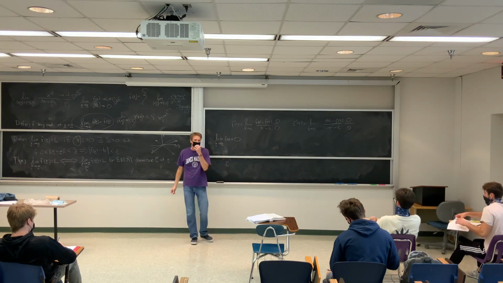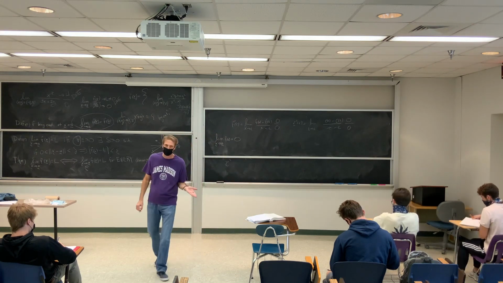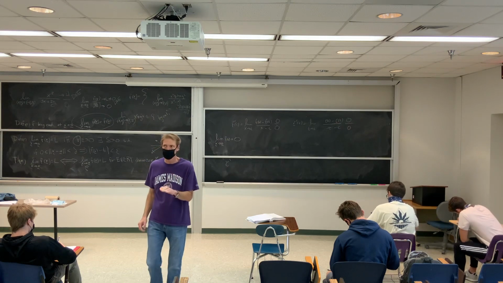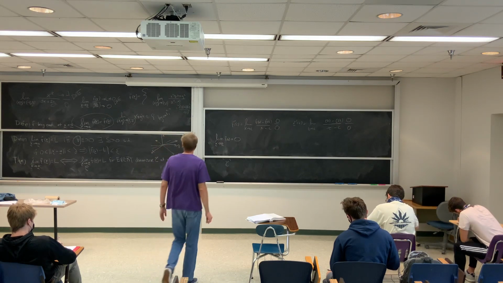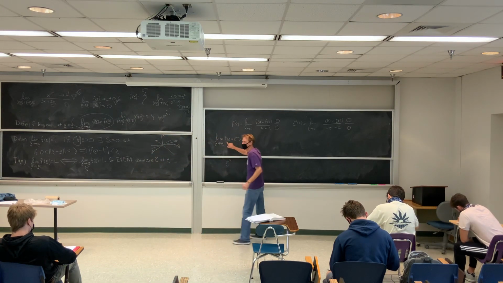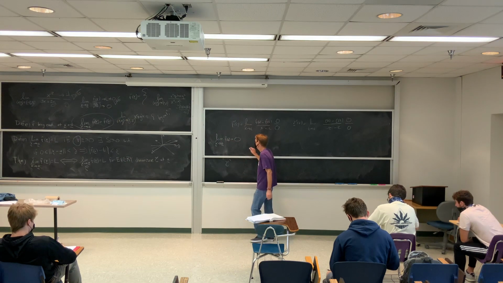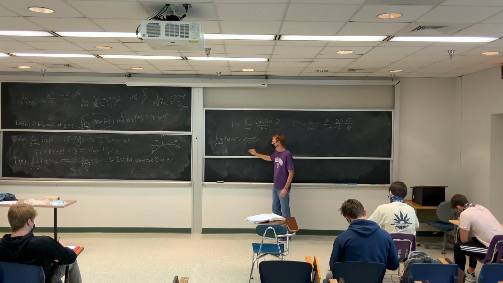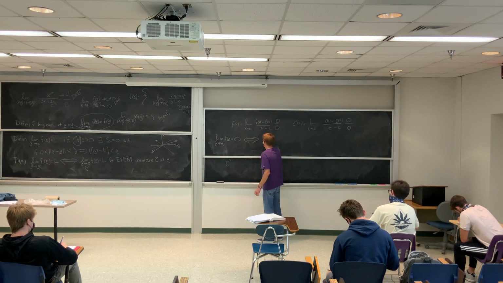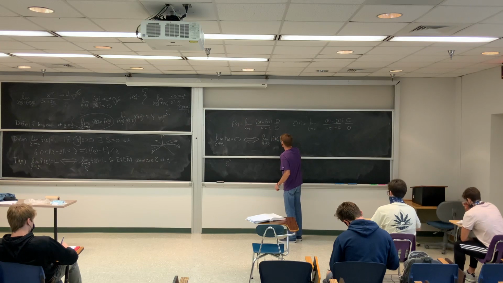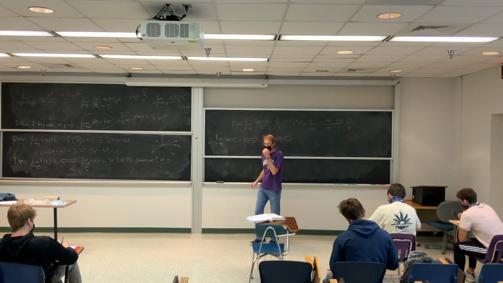It's this: if the limit is 0, if the L is 0, the limit as x approaches any a of f of x, any function of vector x, goes to 0, this is true if and only if the limit as x approaches a of the absolute value of that function also goes to 0.